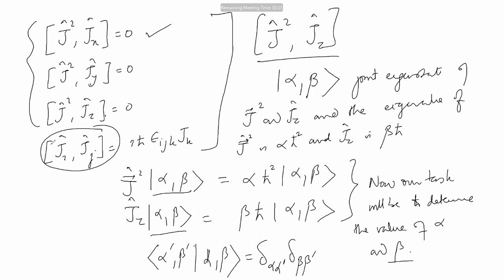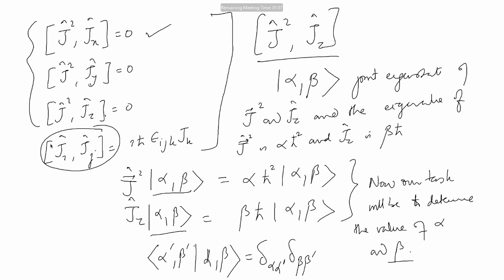Suppose there are three operators, and all three commute among themselves: O1, O2 commute, O1, O3 commute, O2, O3 commute. Then all three operators can be represented by a simultaneous eigenket, which will give three different eigenvalues corresponding to those three operators.